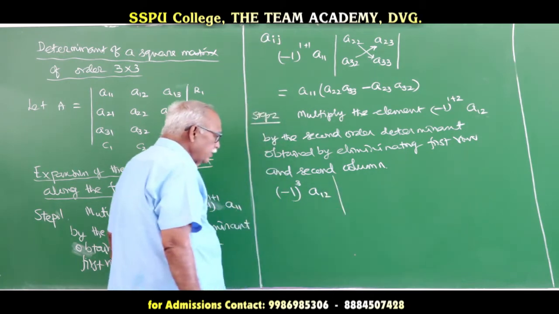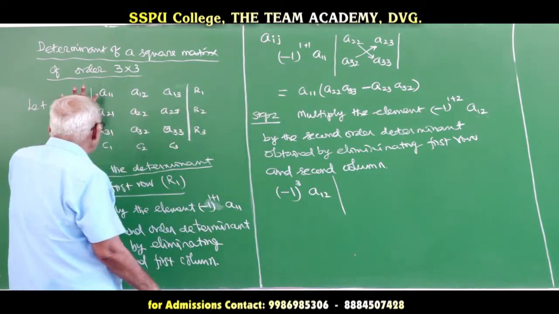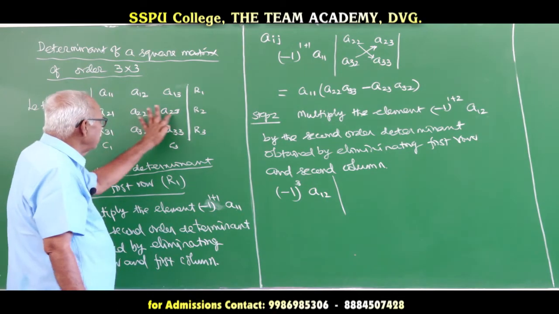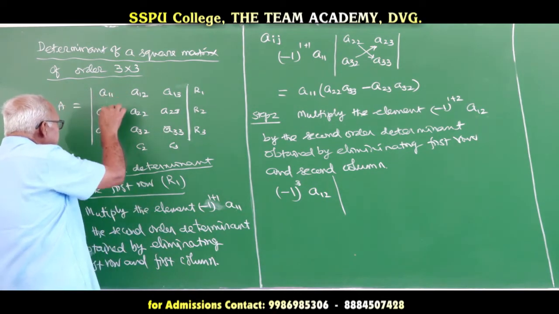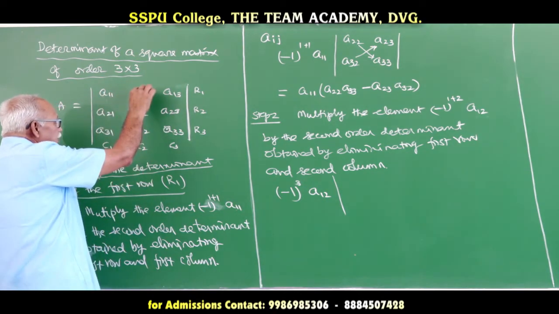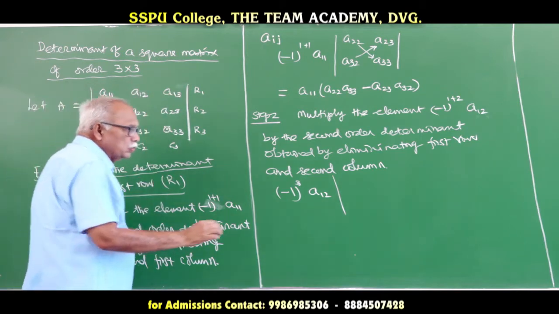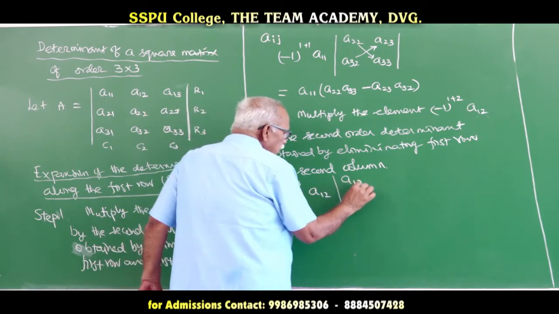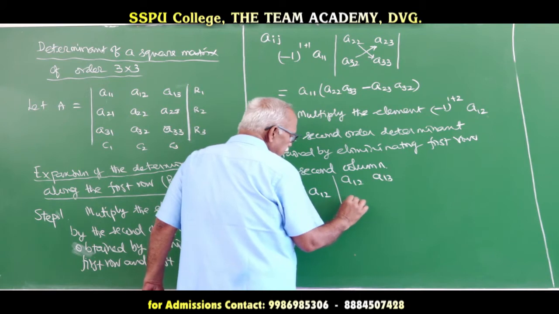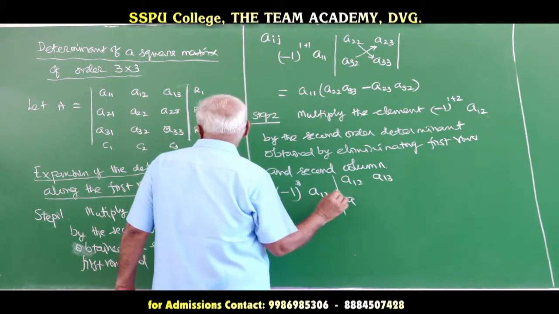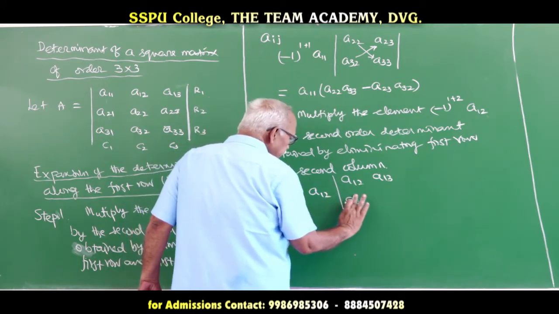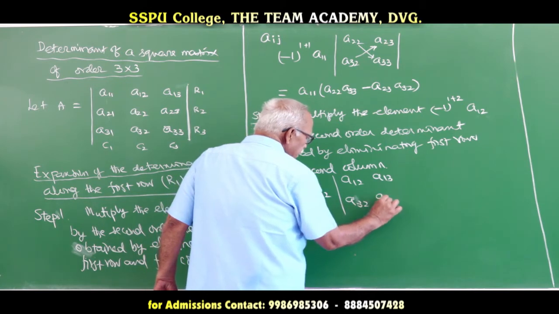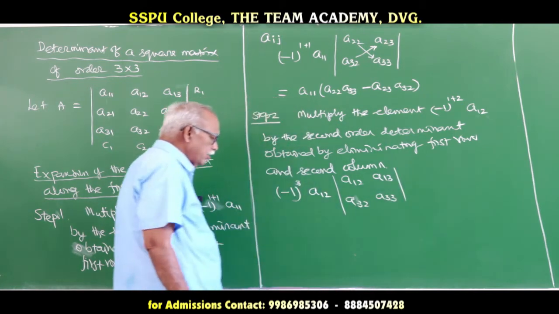The determinant will be obtained by eliminating the first row and second column. We eliminate this row and this column, and what we get is A12, A13, A32, A33. So this is a second order determinant.